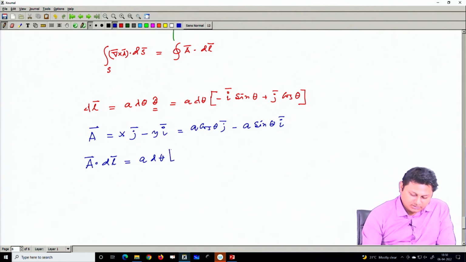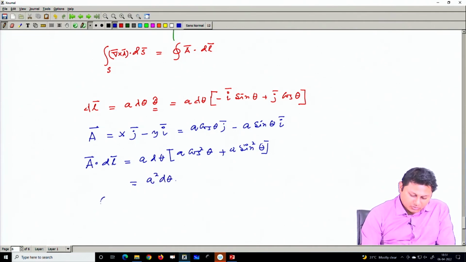If you calculate this quantity dot this quantity, the j dot j will give a cos squared theta, and then plus a sin squared theta, which gives something like a squared d theta.